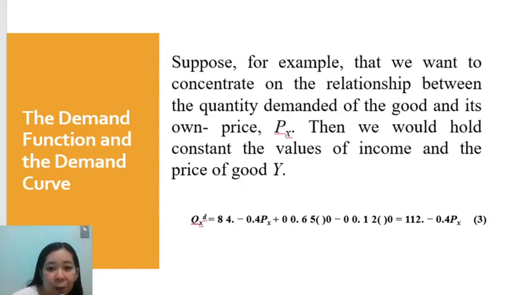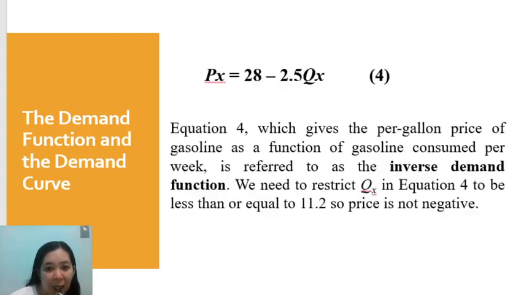Okay, so suppose, for example, that we want to concentrate on the relationship between the quantity demanded of the good and its own price, or our P sub X, then you would hold constant the values of income and the price of good Y. So again, we have here our third equation, as presented.